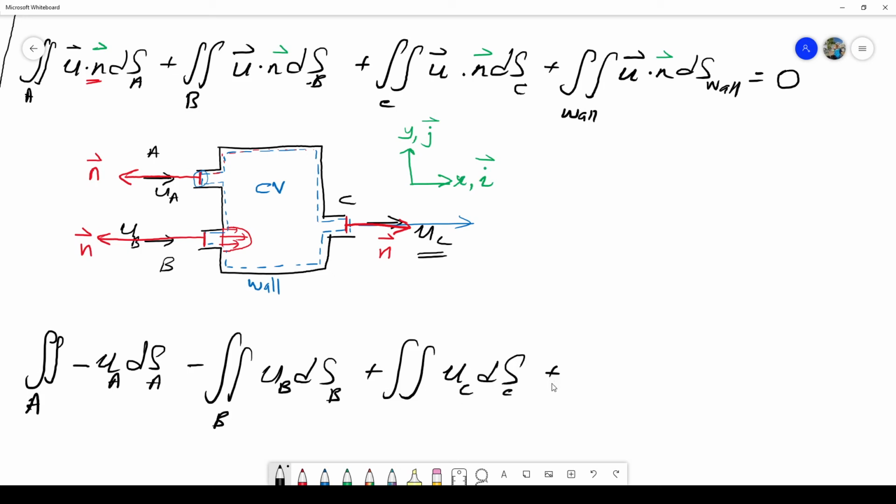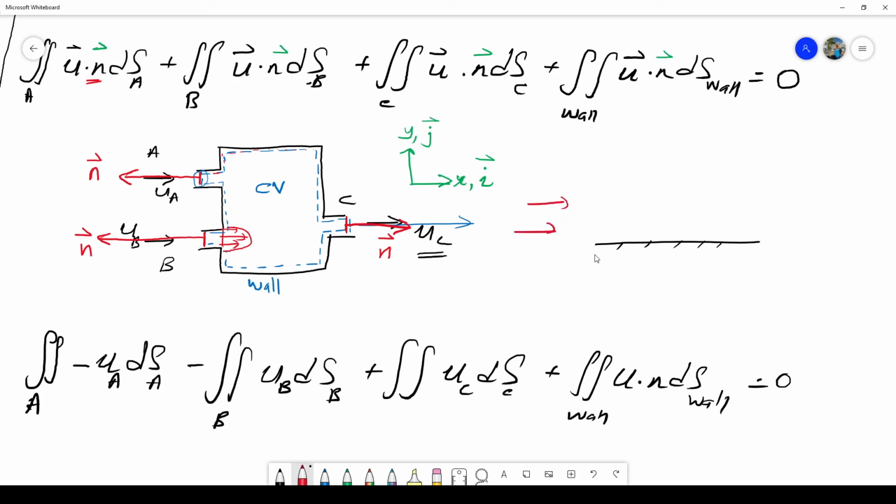Then plus the u dot n ds on the wall. We know that for the velocity exactly on the wall, not above the wall, the no-slip condition applies, so there is a viscous effect.